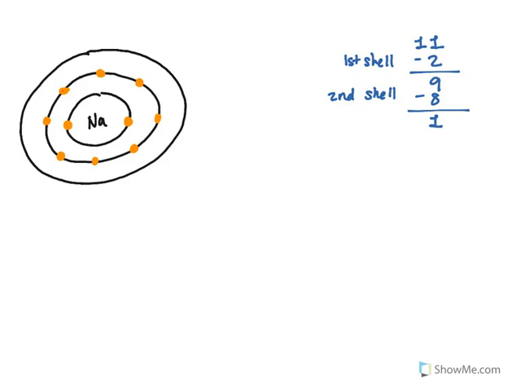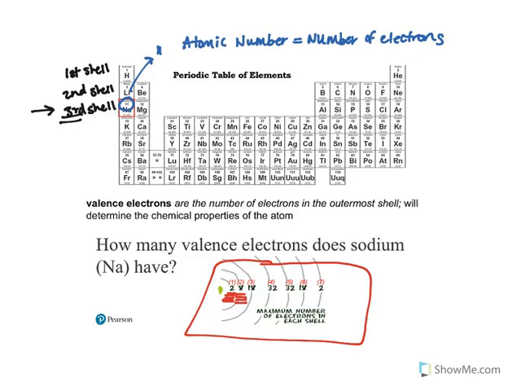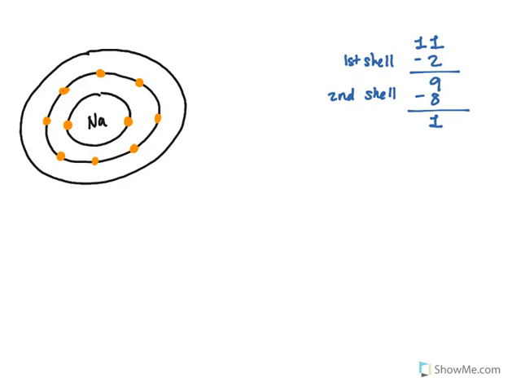That guy needs a spot right here. And as you guessed, he's probably going to go in the third shell, that last shell. I want you guys to see that that third shell could hold 18 electrons. That shell is massive and has a lot of space for a lot of electrons. 18 of them can actually fit in the third shell. But I only have 1 more electron left.